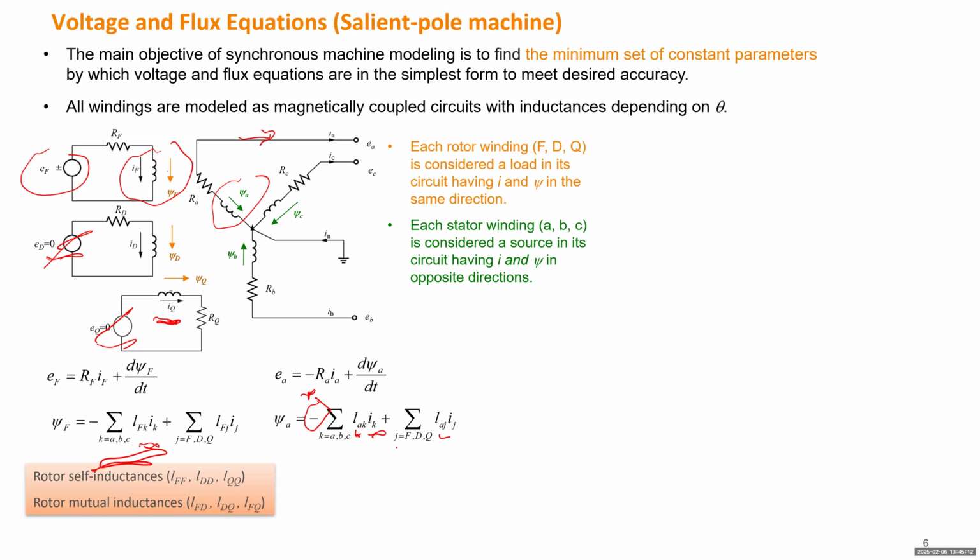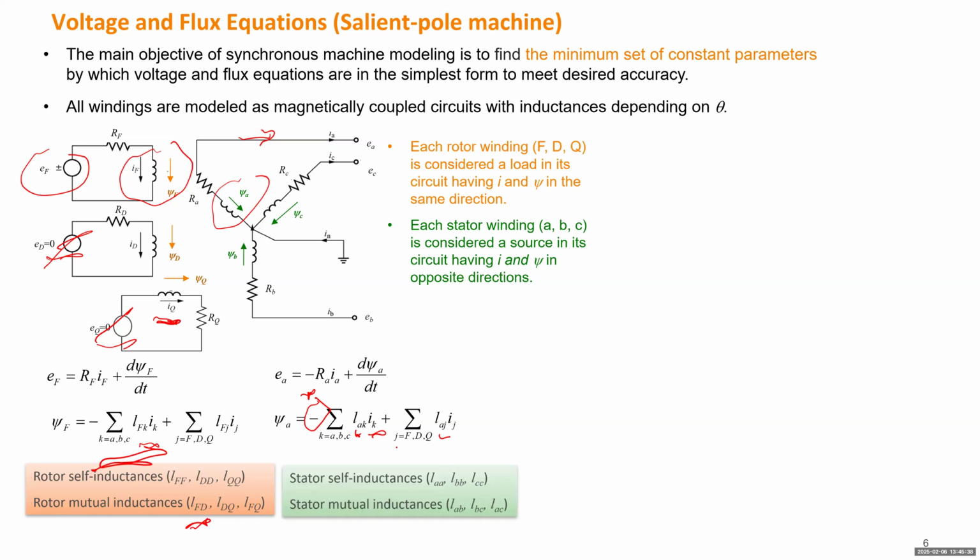If the two letters are different, FD, DQ, FQ, that means rotor mutual inductances. So for instance, capital LFD means mutual inductance due to the current in the field winding and also the D damper winding. Okay.